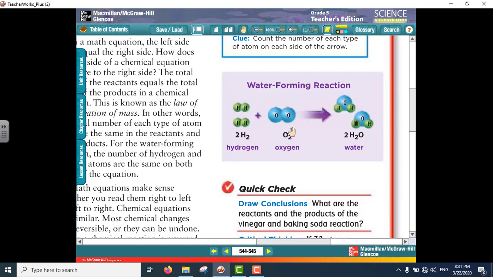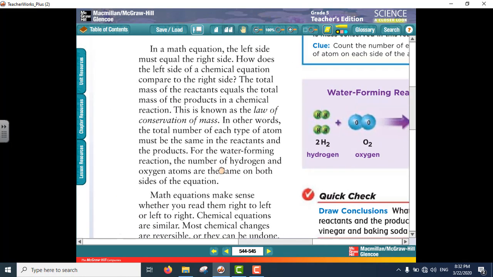They join together to produce what? Water, 2H2O. We have 2 oxygen here and 2 here, and we have 4 hydrogen atoms in the products too.